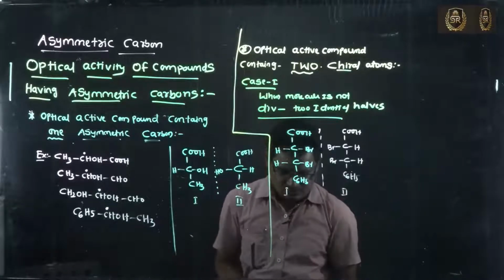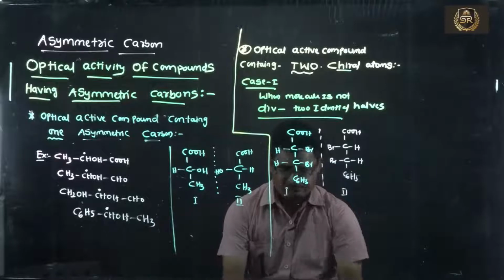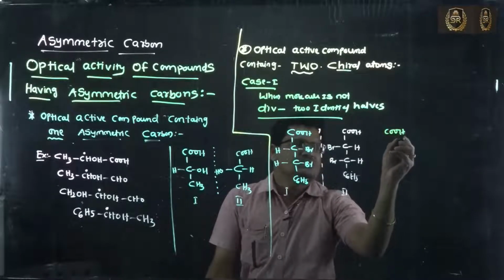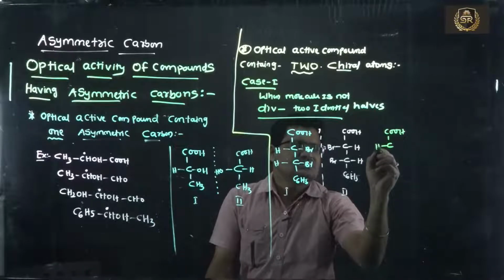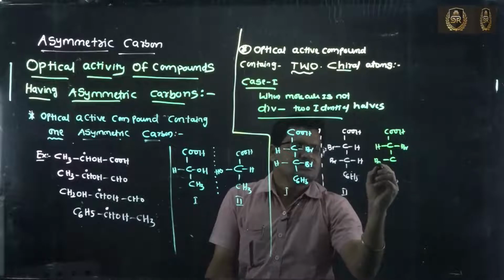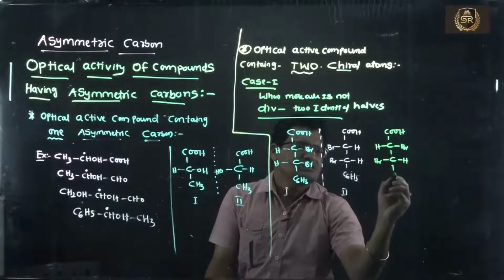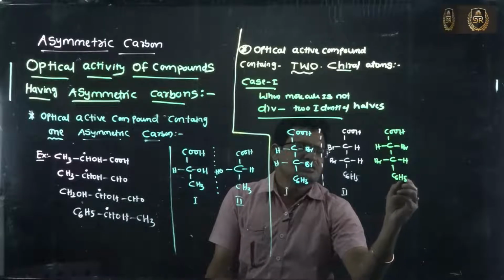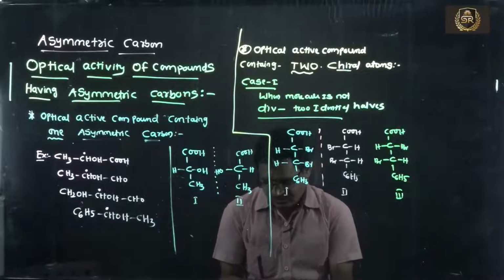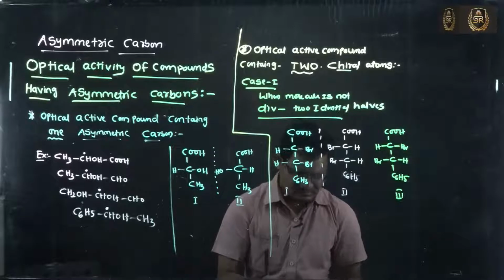Here I am doing a different example. Here COOH, this side H, C, this side H, this side Br, this side C, this side Br, this side H, this side C6H5. This is the third structure. Now, what happens in the mirror image?